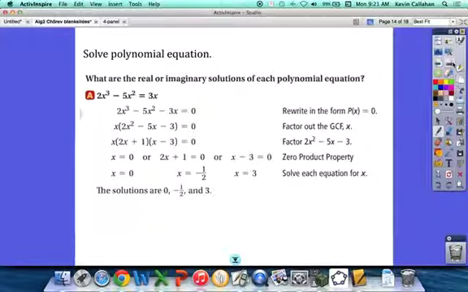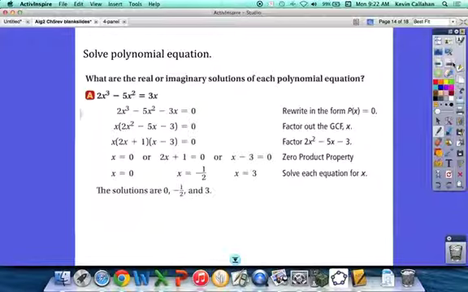You go 2 times negative 3 is negative 6. Are there factors of negative 6 that add up to negative 5? Yes. That would be negative 6, positive 1, right? And you split up the middle term and group and factor, and you end up with this right here.